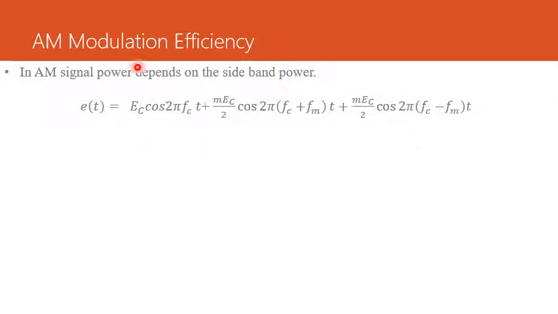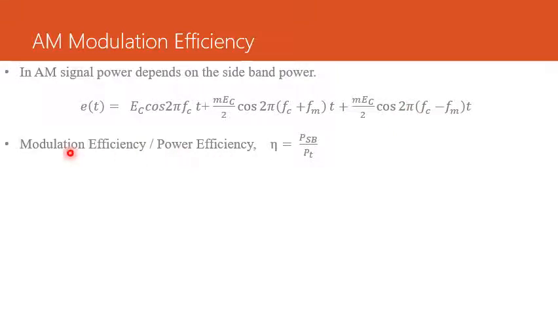This carrier signal is used to carry your information, so it doesn't contain any information. It is simply a high frequency signal which is used to carry your information. All the information signal is occupied within these two sidebands, that is the upper sideband and the lower sideband.